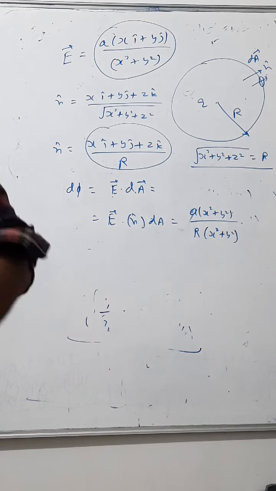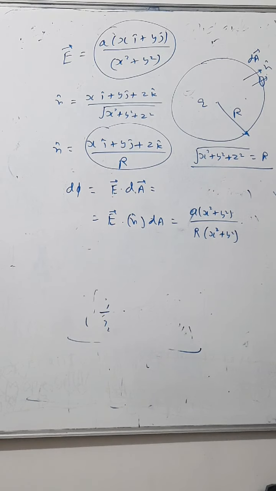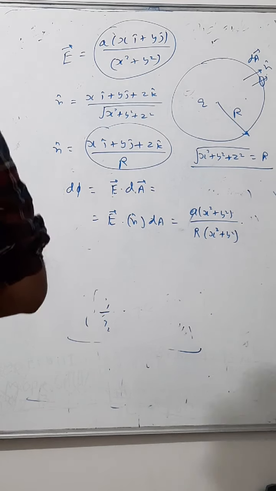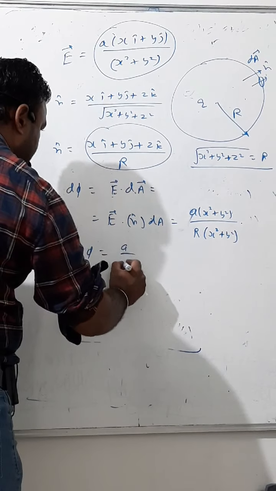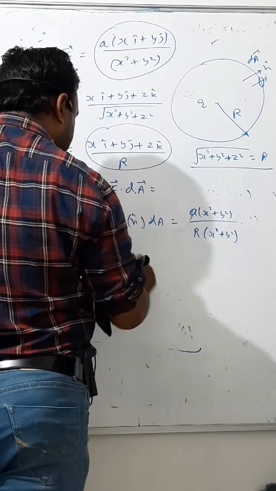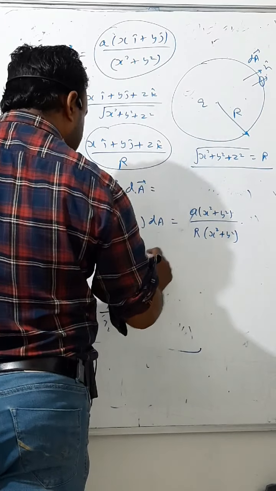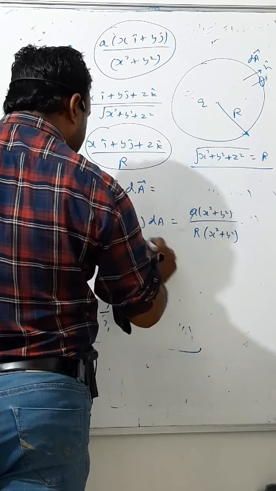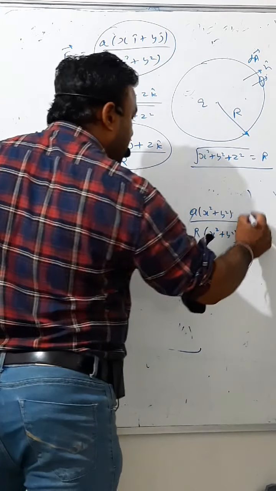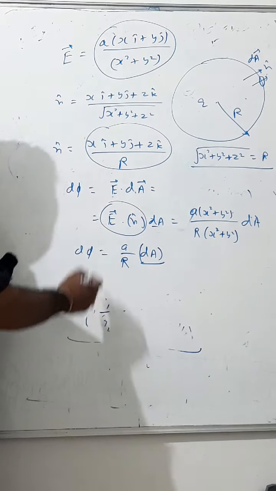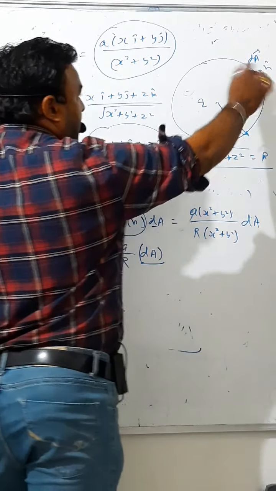Now we have d phi equals A by r into this area dA. This is n cap. Here I should write d phi. This is d phi linked with this area.